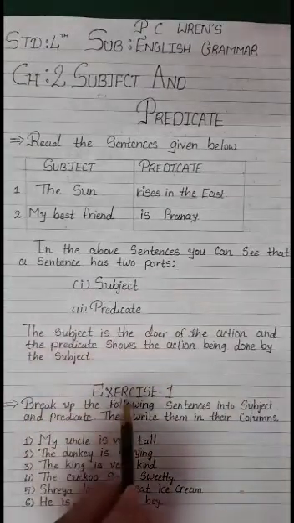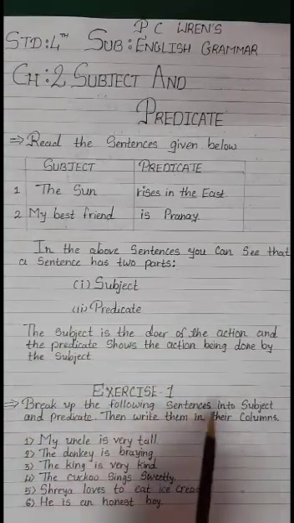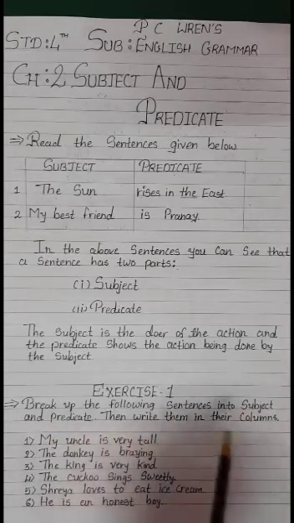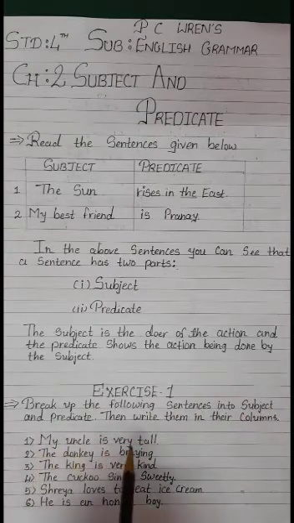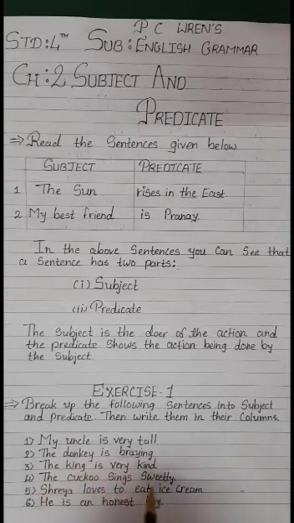Now we will go through exercise 1. Break the following sentences into subject and predicate. Then write them in their columns. My uncle is very tall. The donkey is braying. The king is very kind. The cuckoo sings sweetly.